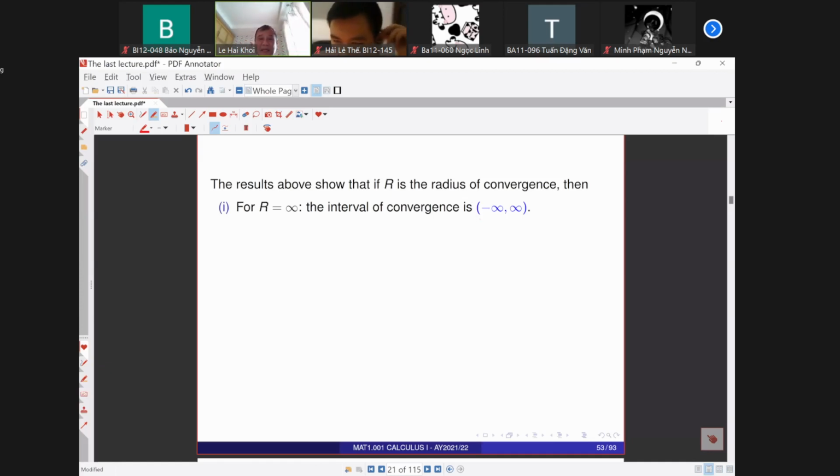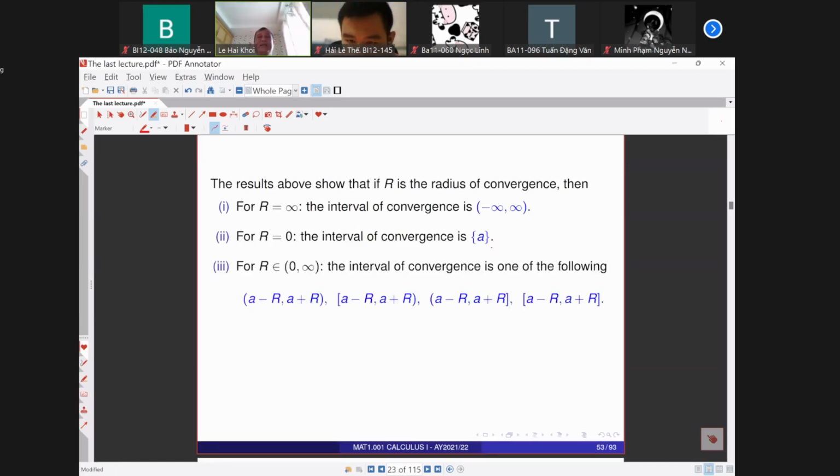That is, the interval of convergence is the whole real line. In the case R is 0, the only point at which a power series converges is the center, x equal to A. Then the interval of convergence is only one point.